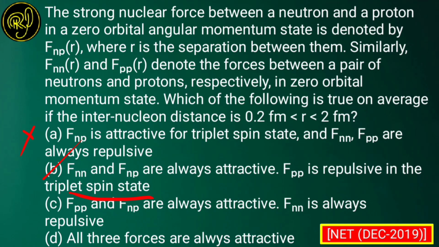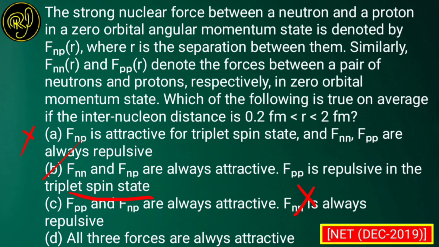Now let us check the other options also. Another option says that F and N is always repulsive, but if it is for the triplet state then it is repulsive, while for the singlet state it is attractive, so this is also not possible. The last option says that all the three forces are always attractive.